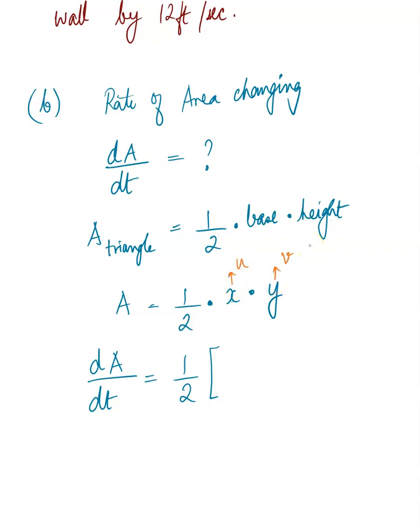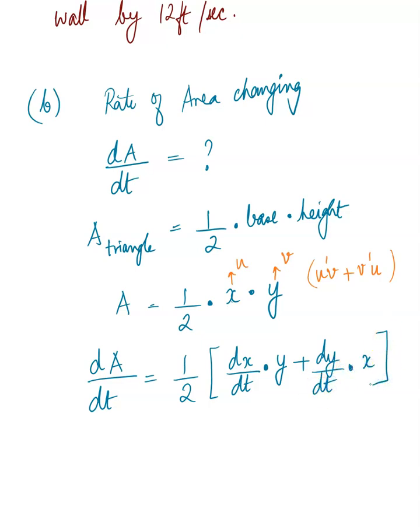The product rule in implicit differentiation would be u prime v plus v prime u. Let's remember that. And coming back to our step, u prime is dx over dt times y plus v prime u. And we got that.